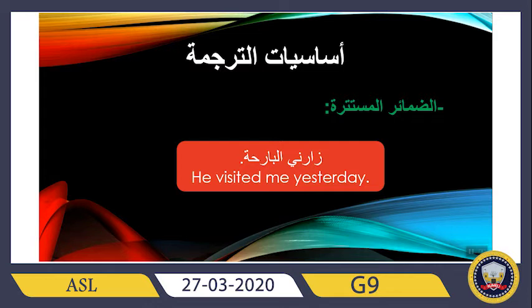If we translate it word by word, زارني البارحة, we say visited yesterday, which is incorrect and doesn't have any meaning. That's why we should focus on what we call in Arabic الضمائر المستترة. So we say he visited me yesterday. Okay?